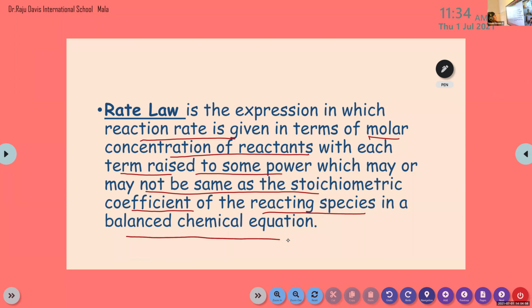Okay, we can rewrite this rate law. It is the expression in which the reaction rate is given in terms of molar concentration of reactants, that is the molar concentration of A and molar concentration of B in the previous reaction. And this concentration of reactants with each term raised to their power, and that power may or may not be the same as the stoichiometric coefficient of the reacting species.